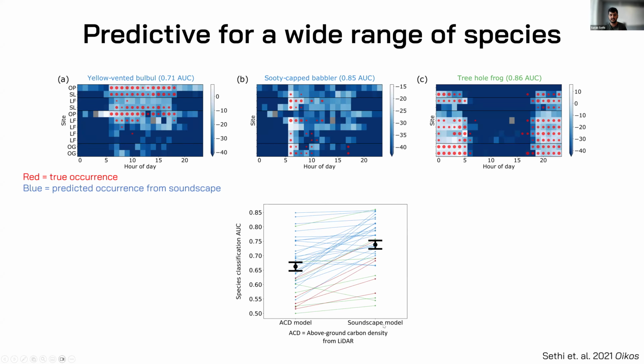And then on the right-hand side, we looked at the soundscape model. So what we see is that the AUCs, the accuracies of the predictions, were far higher for many of the species using the soundscape model than from the ACD model. So understanding soundscapes can give us extra insight into habitat suitability for species that we don't currently get from existing sensing modalities, which are primarily performed above the canopy.